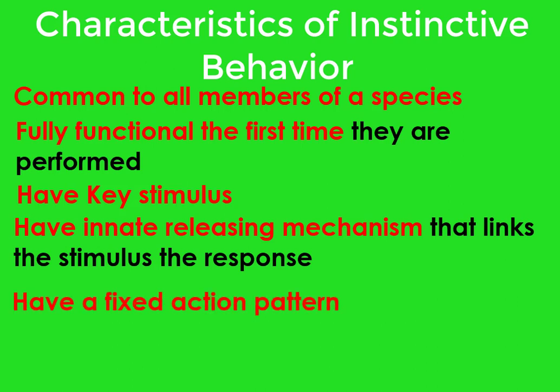Instinctive behavior have a fixed action pattern in response to the key stimulus that is always the same in all members of the species. Lastly, instinctive behavior is adaptive. Being adaptive means instinctive behavior confer or give a survival advantage for members of a species within their habitat.